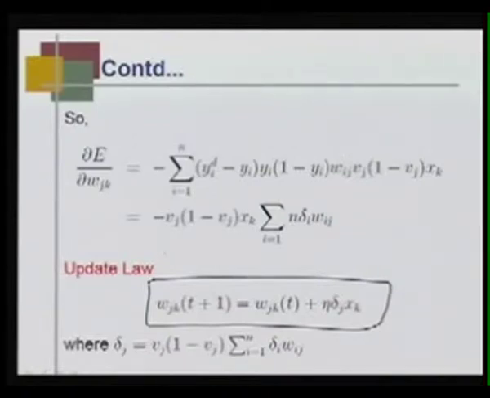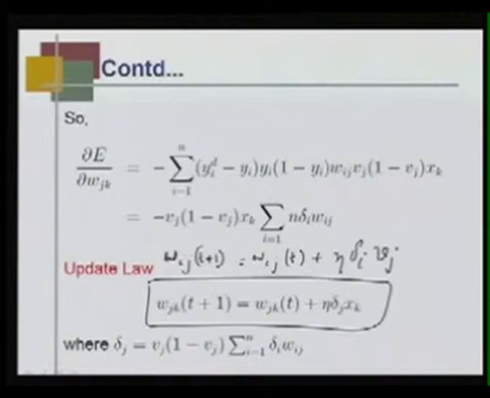The earlier one was w_ij(t+1) equal to w_ij(t) plus eta delta_i into v_j. So, this is the weight update between the output layer and hidden layer, and this is between the hidden layer and input layer, where the input is x_k and delta_j is the error back propagated from the output layer.